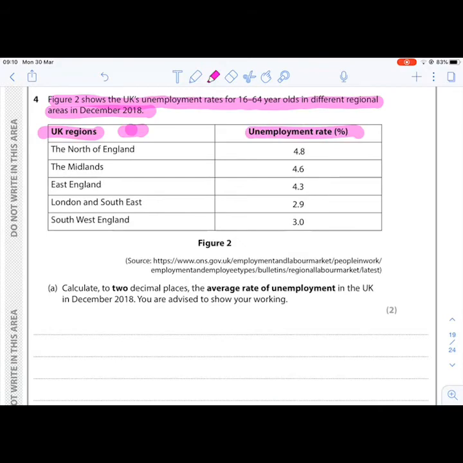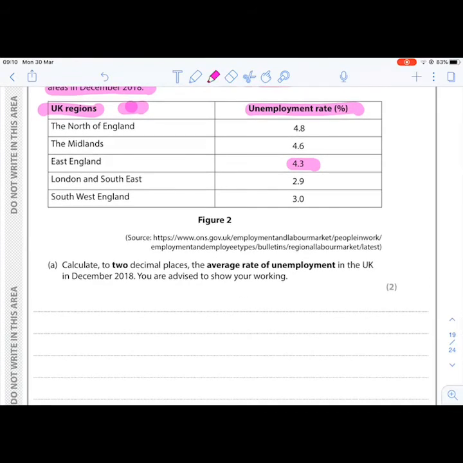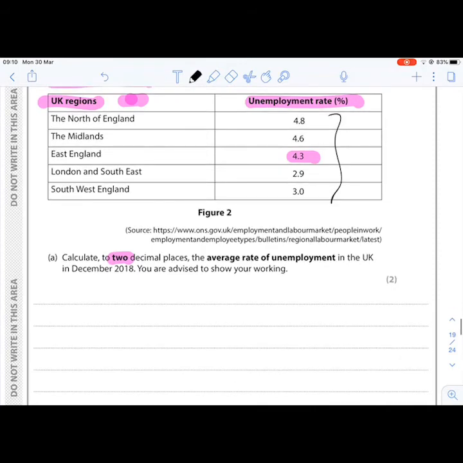In the east of England, the unemployment rate is 4.3. So calculate, and this is really important, it says calculate to 2 decimal places the average rate of unemployment in the UK in December 2018. You are advised to show your working. So we are looking for the average of these 5 figures here.